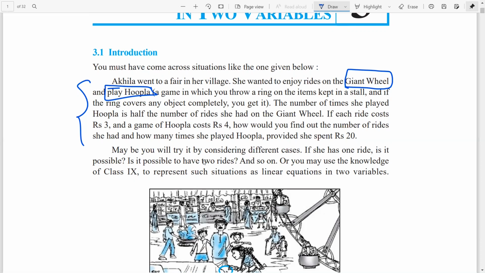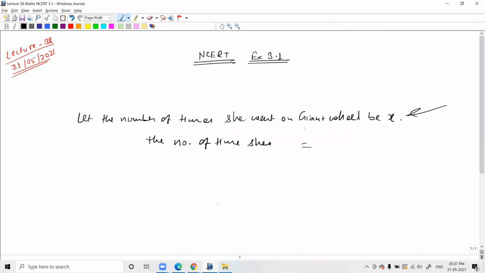In the story, they are saying that the number of times she played hoopla is half the number of times she went on the giant wheel ride. So can I say that, let the number of times she went on the giant wheel ride be X?